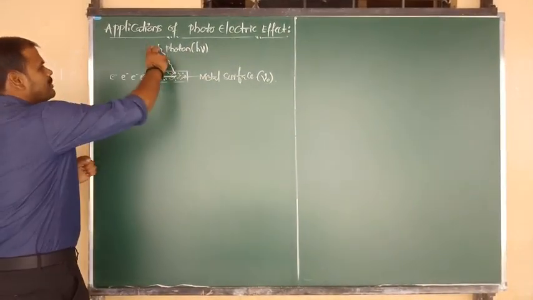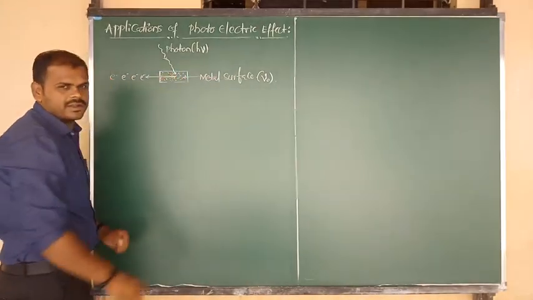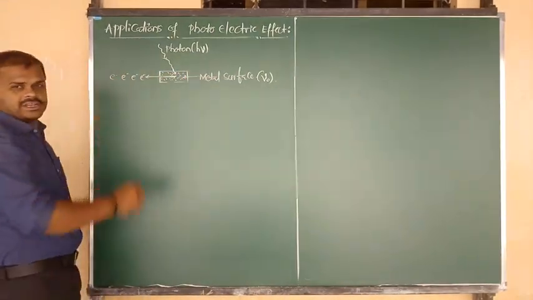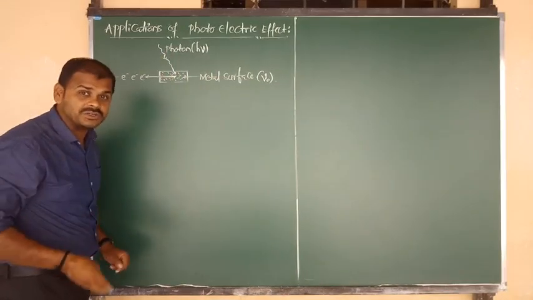By the fall of a photon, release of an electron takes place from the surface of the metal. For the removal of this electron, a part of the photon energy will be utilized.